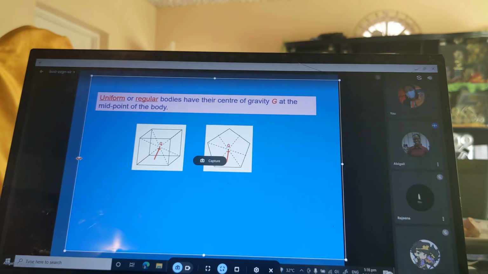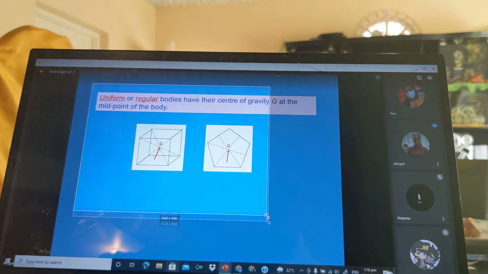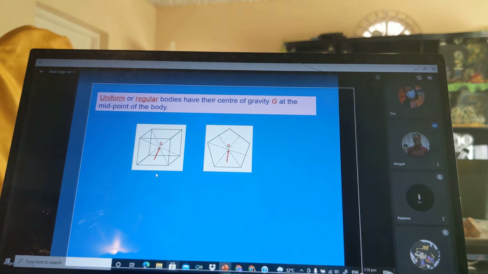So basically, if you draw all the diagonals through this, what you will realize is that when you draw diagonals from the different tips of your regularly shaped objects, they will all intersect at a point that is the midpoint of your object.